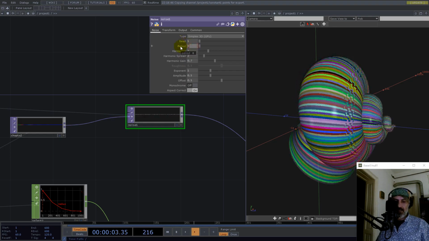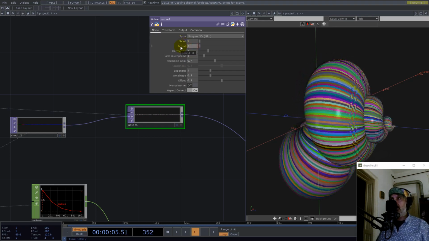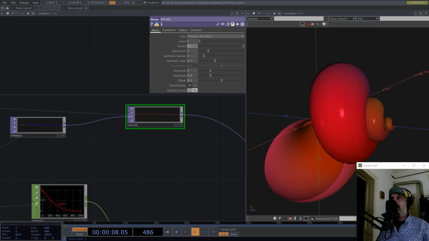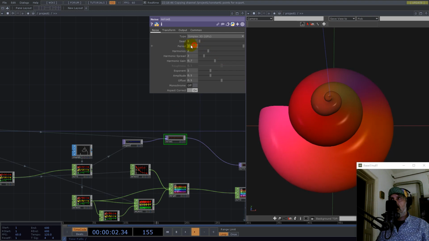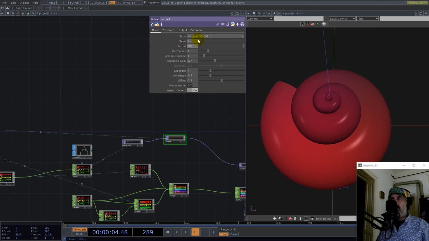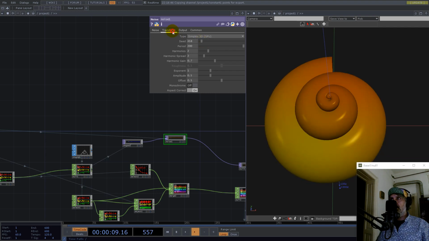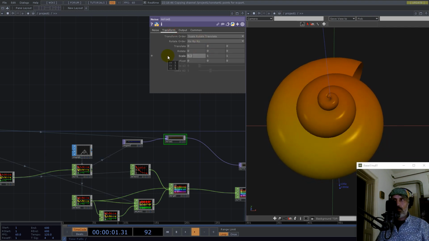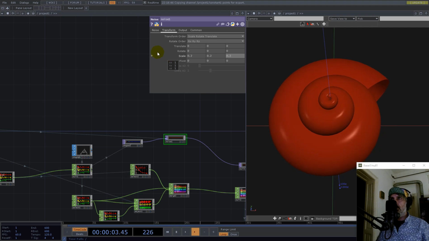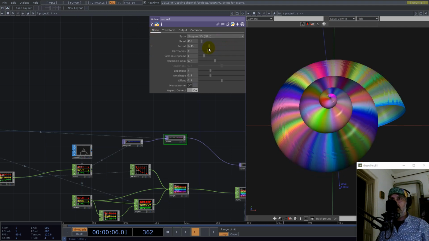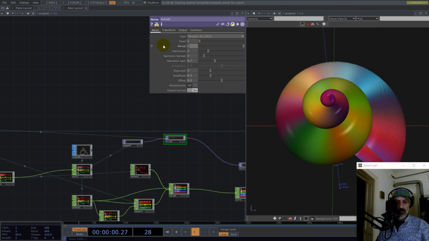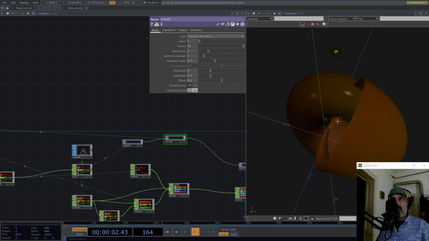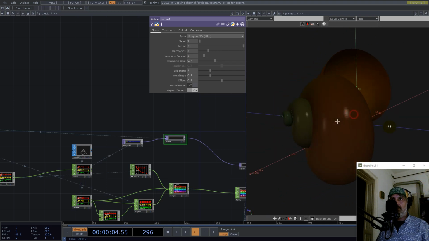But what if I increase here the period with, I don't know, 33 maybe, 20. And here we go with 0.2, 0.2. Let's play with that. Okay, it's looking good for me.